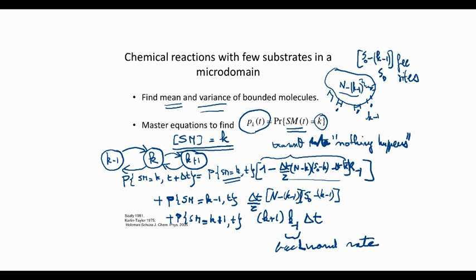Right, so this represents the probability that nothing happened, there is no detachment, and nothing arrived. Alright, and so this is exactly the derivation of the Markov equation for this transition rate.